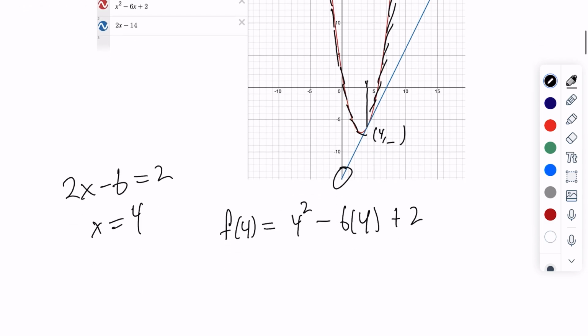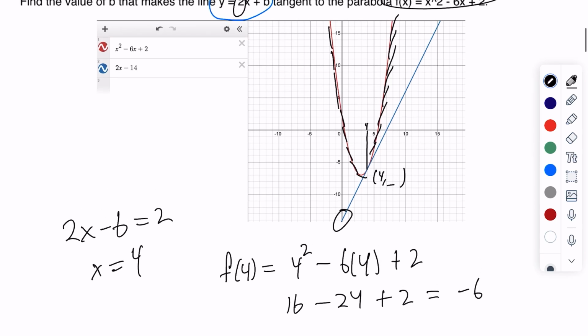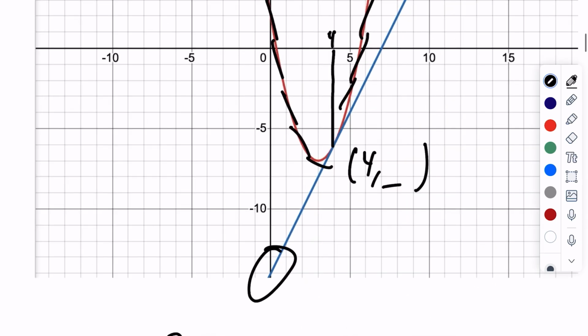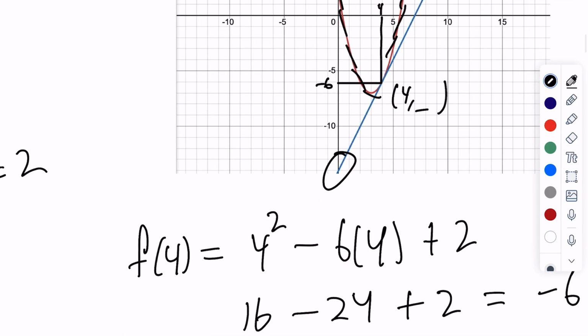So what we get when we do this is 16 minus 24 plus 2, which equals negative 6. And that looks about right according to our graph here. This is negative 6.